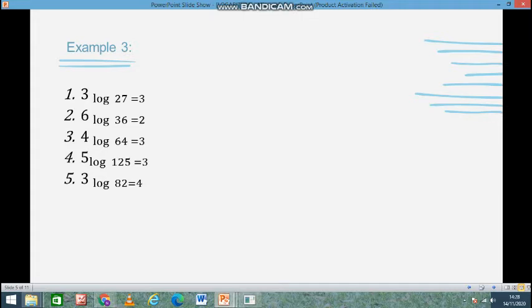Number 3, 4 log 64 equals 3. Number 4, 5 log 125 equals 3. And number 5, 3 log 81 equals 4.